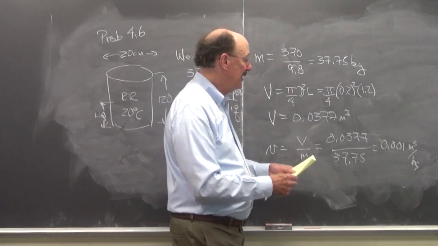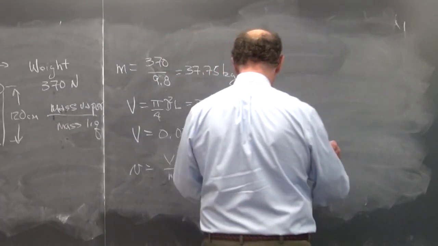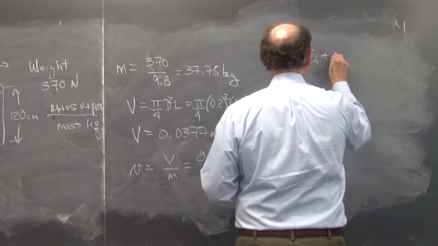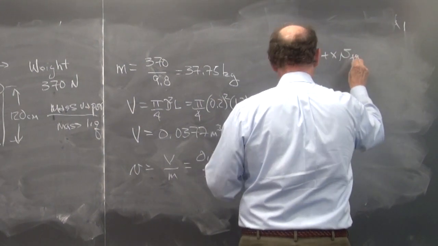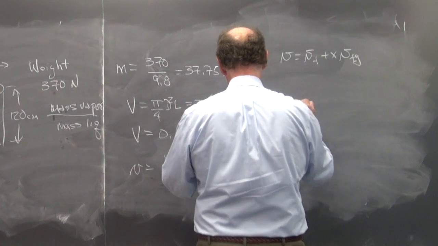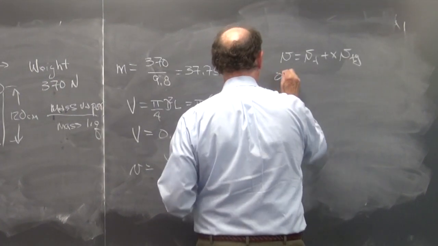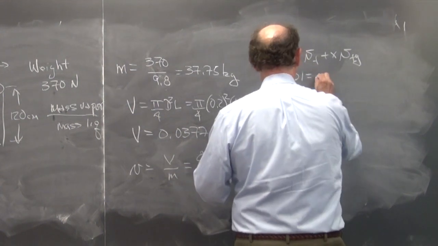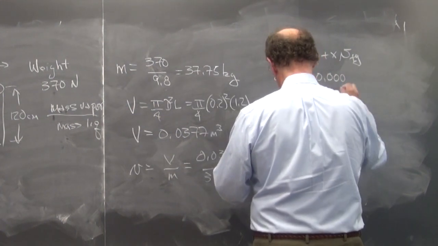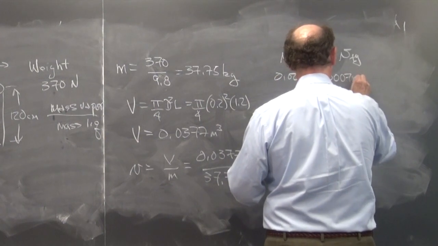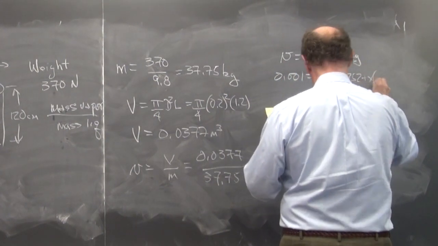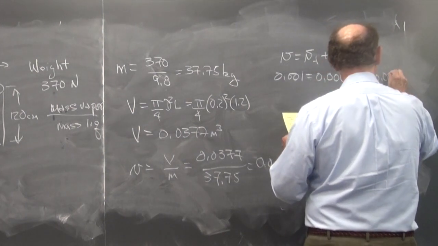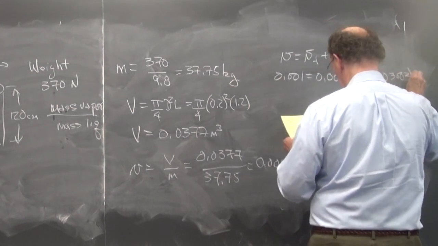So we're going to find the quality. v is equal to v_f plus x v_fg. And so I have here v, I know, 0.001. v_f is 0.0012307 plus x times v_fg, 0.03003.